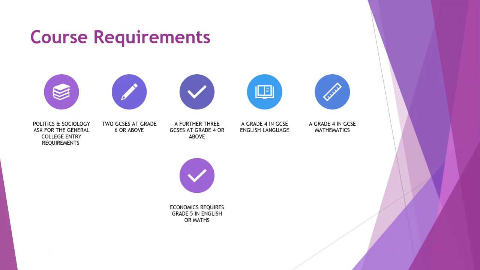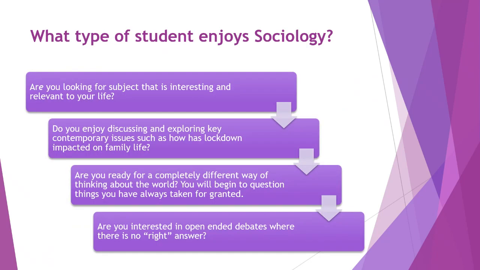Economics is slightly different. The additional requirement that we ask you to have is that you need to get at least a grade 5 in either English or maths. Okay, so you need a 5 in English or maths, not necessarily both, but you need a grade 5 in English or maths. So what type of student enjoys sociology?